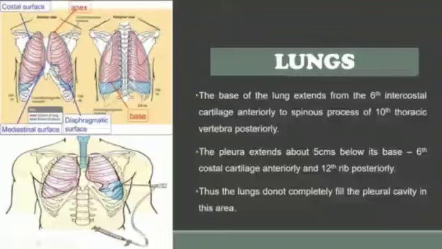Otherwise there is a risk of injuring the lung with the needle. The chance of pricking the needle into the client's lung is very high if I insert the needle anywhere from here. So that's the reason I will insert the needle only in the lower part, so that there is no risk of injuring the lung with the needle.